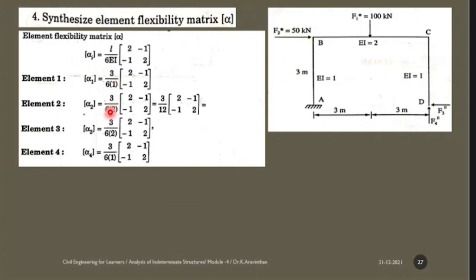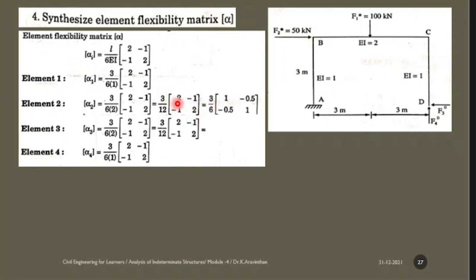The same way you have 3 by 12 here, isn't it? So if you simplify this, what will you get? You have to make a common factor. So 1 by 4 will be here, and the same way you will get 1 by 4. And now, if you need 1 by 2 as common, you can multiply by 1 by 2 inside.